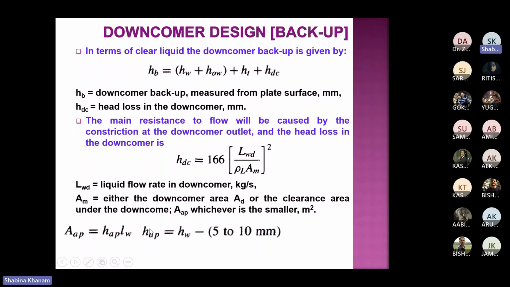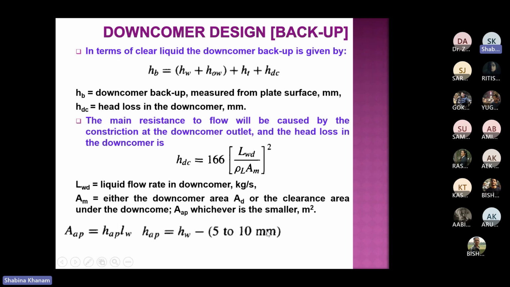If you consider this HAP, if HAP will be lesser, AAP should be less. And if it is less, it will create more pressure drop. And we need to check this HDC or HB at maximum possible pressure drop.